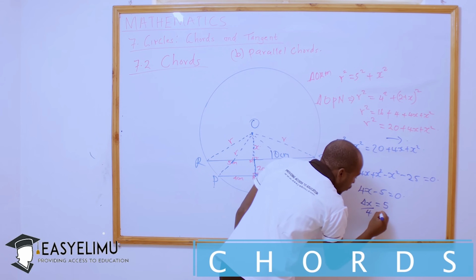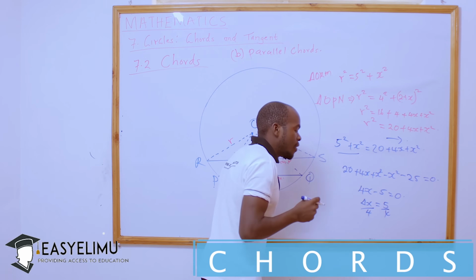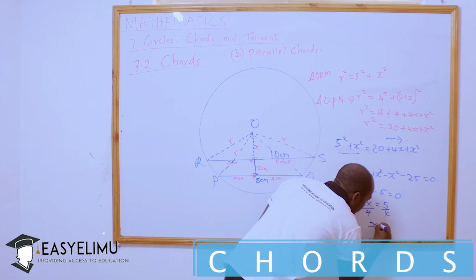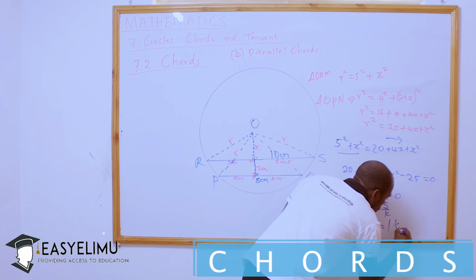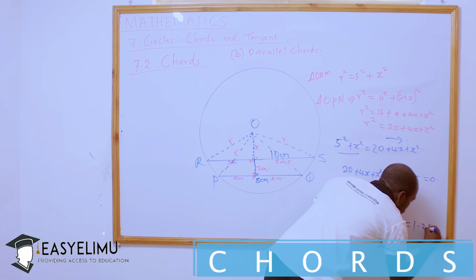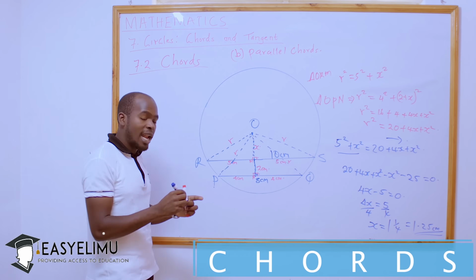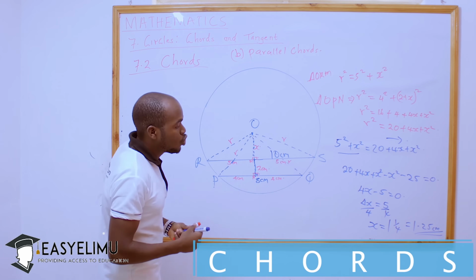So for the value of only x, you divide both sides by 4 to get x equals 5 over 4, or 1.25, which is 1.25 centimeters. So here we have found the length of x, and we are having x as 1.25 centimeters.